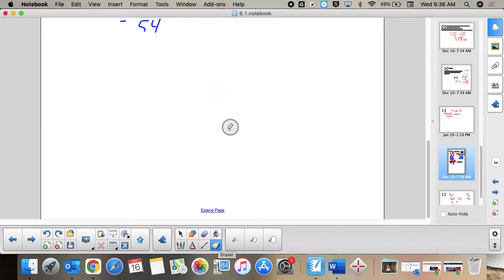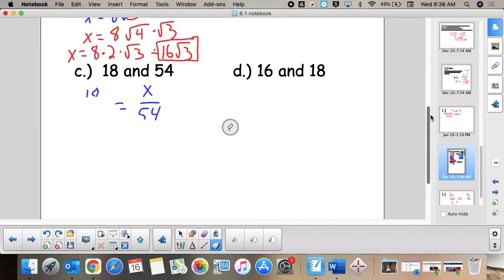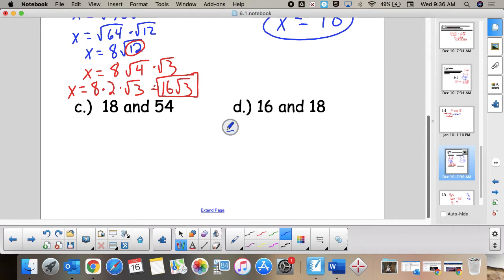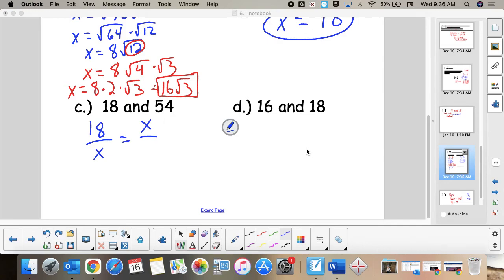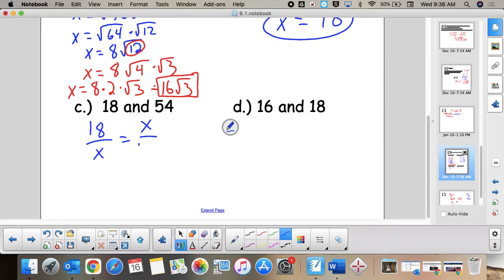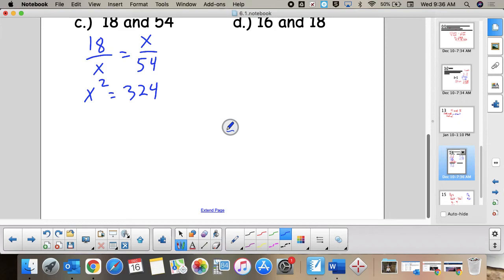Well, that didn't work. Let me put that back up there for you. So we had 18 over x equal to x over 54. Cross multiply, we got x squared equals, oh, nope, not 324.